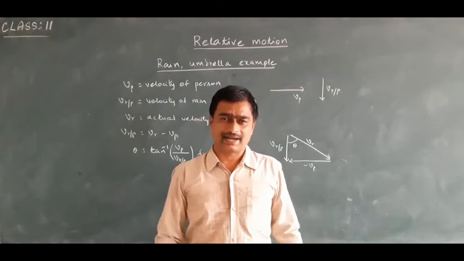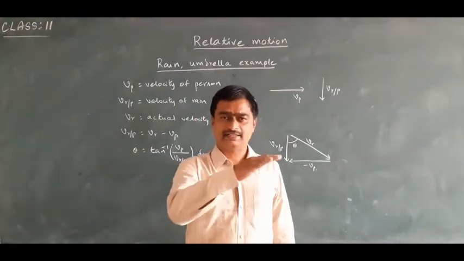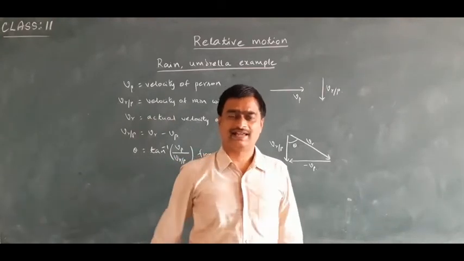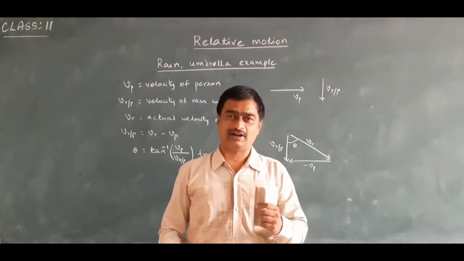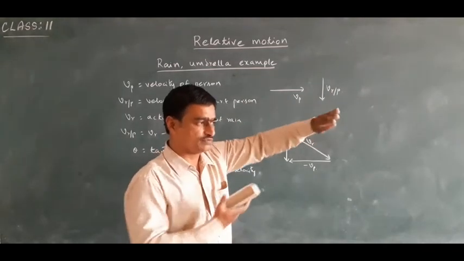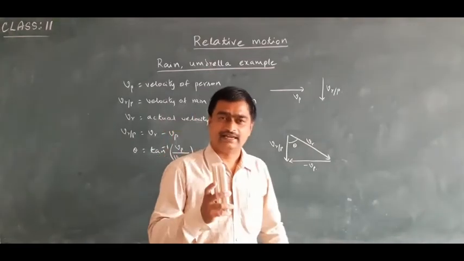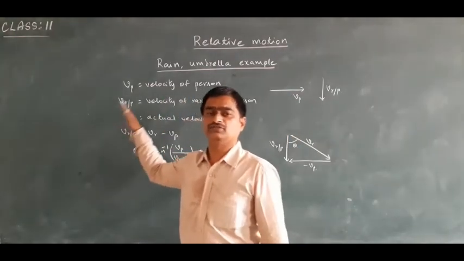That is the practical application. Not only finding the relative velocity of the rain, but we have to hold the umbrella accordingly. Suppose the rain is coming like this and we are walking like this, we have to hold it like this. That is how we apply this relative motion situation.